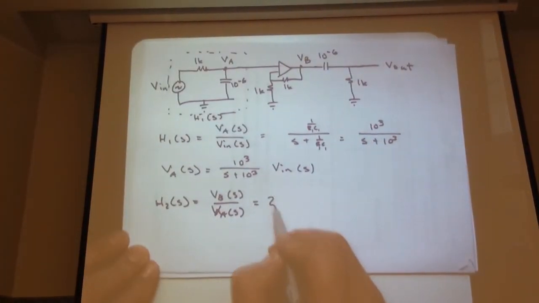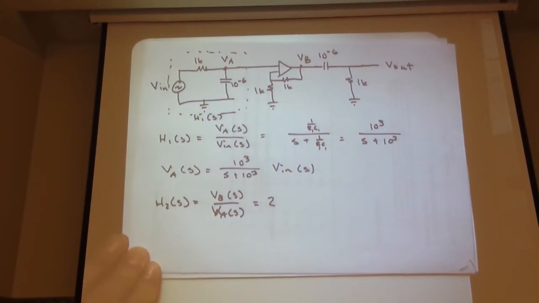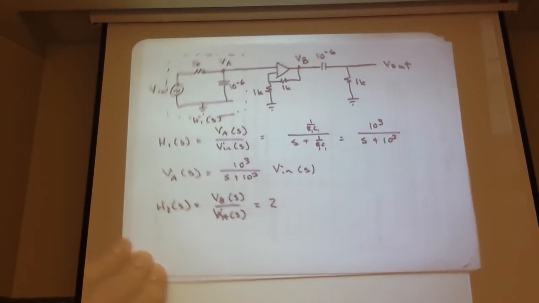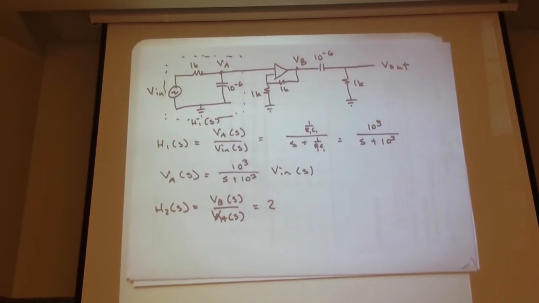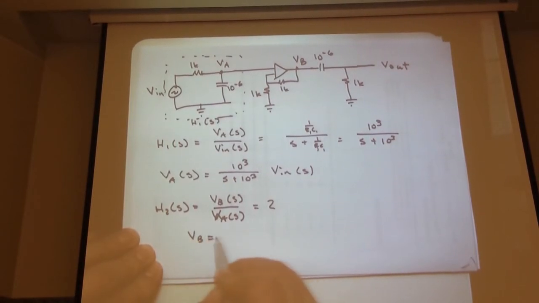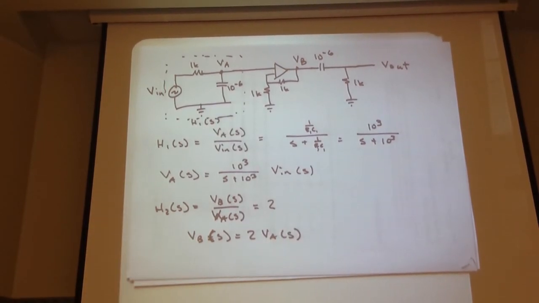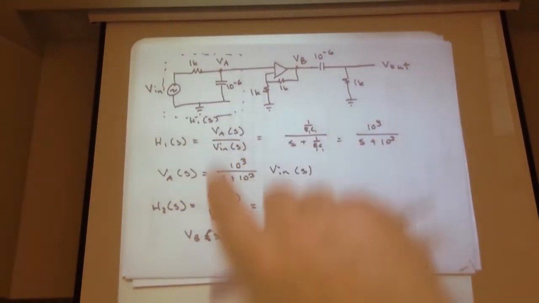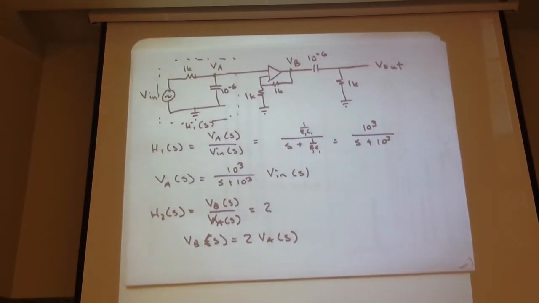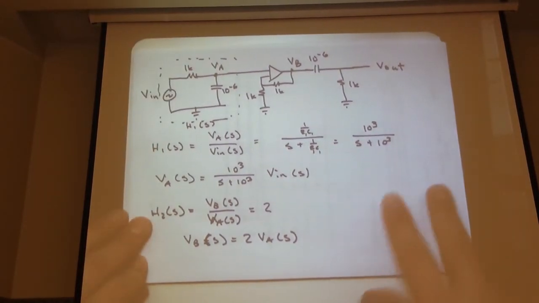And so that's, in this case, 2. If you remember the non-inverting op-amp expression, it's 2. It's a constant, it's fine. And then again, another way of writing this is VB(s) equals 2 VA(s). Again, that's where the definition of the transfer function came from. This is what we've done all along so far, and the transfer functions are what we're introducing, so it's the same way of writing things out.